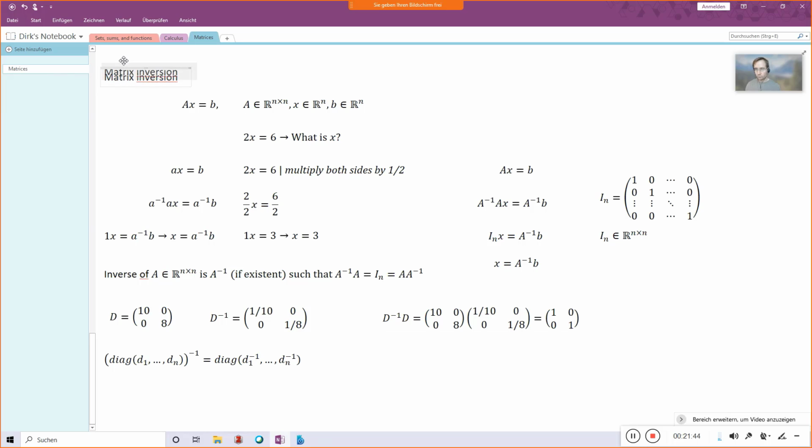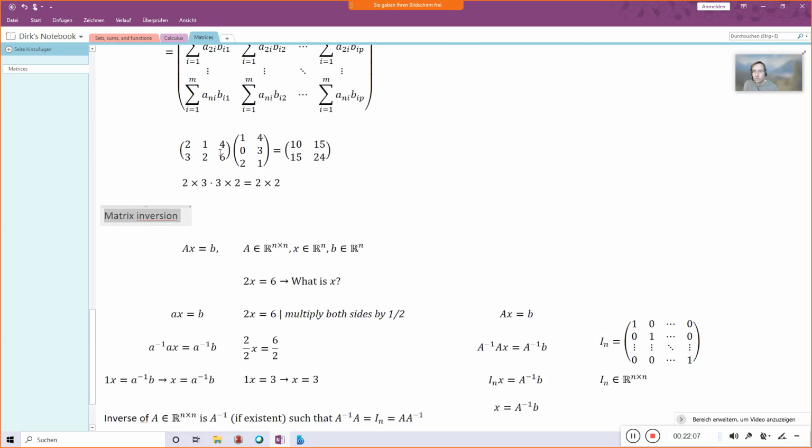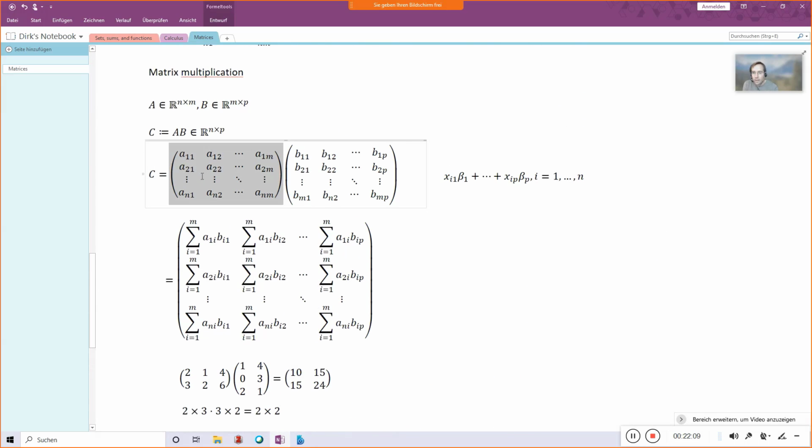I have a question. We only looked at square matrices, but does this imply that non-square matrices cannot have an inverse, or not? Yes. So that's a good point. The term inverse of a matrix applies only to square matrices, and non-square matrices, like the ones we've seen already up here, don't have an inverse. They can have something that's called a pseudo-inverse, and this is actually something that we will see. So one can generalize this notion of a matrix inverse.